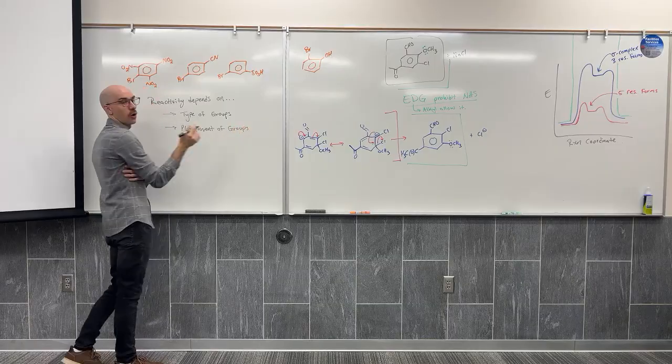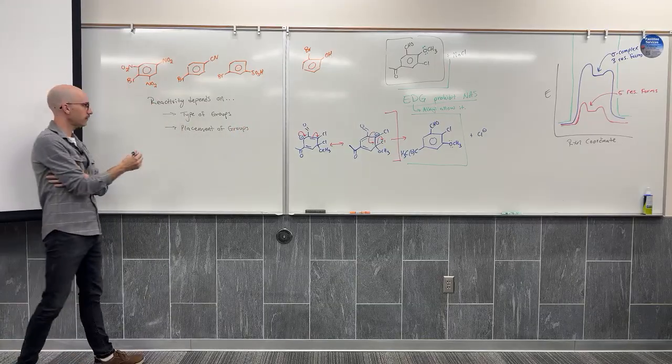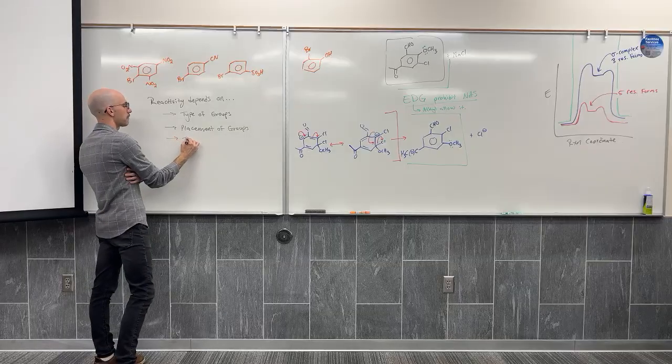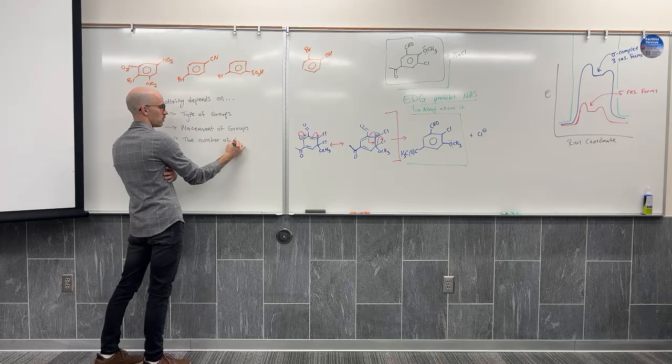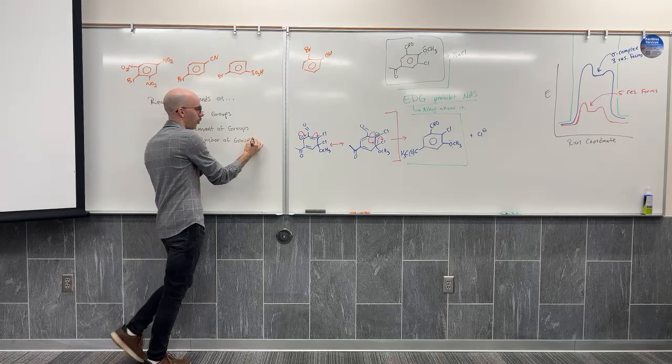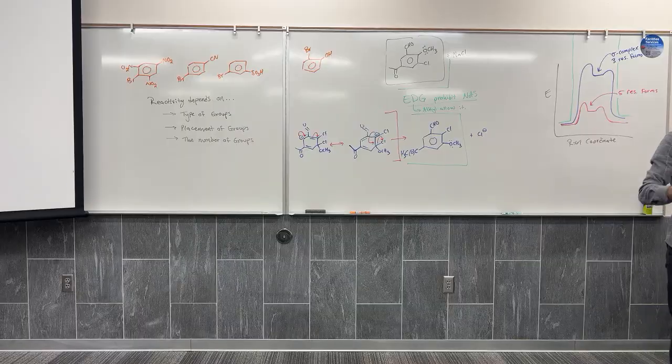Are the groups ortho or para to the leaving group, or are the groups meta? And the number of groups. Do I have one electron withdrawing group para, or do I have 3 electron withdrawing groups, ortho, para, and ortho? All of these things contribute.